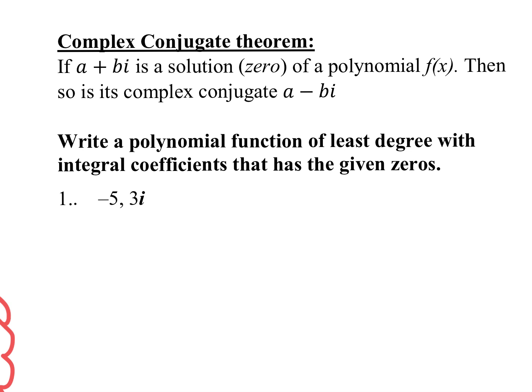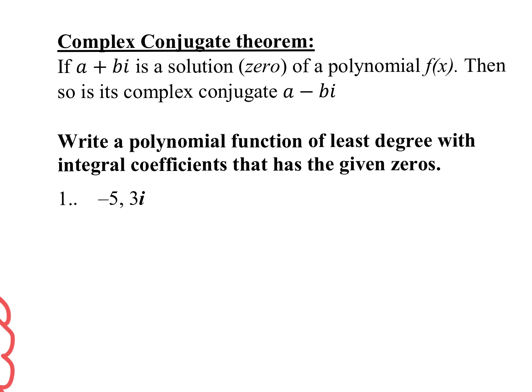So when we talk about complex numbers, they have a real part and an imaginary part. So imagine 5 plus 3i. If you had 5 plus 3i as a solution, then the complex conjugate is also a solution. So if 5 plus 3i is an answer, then 5 minus 3i is also an answer.